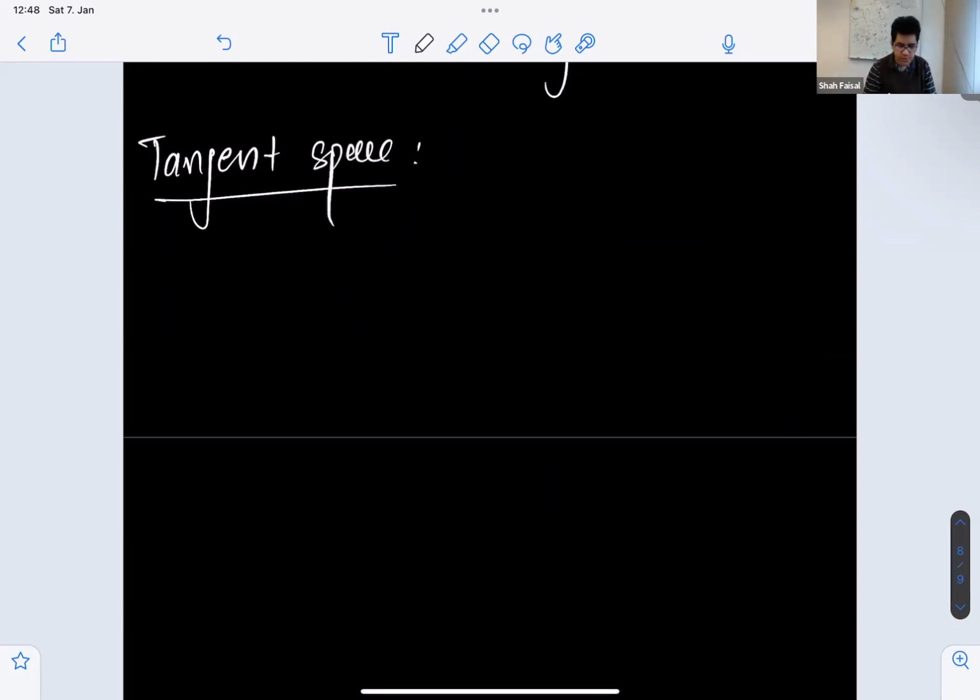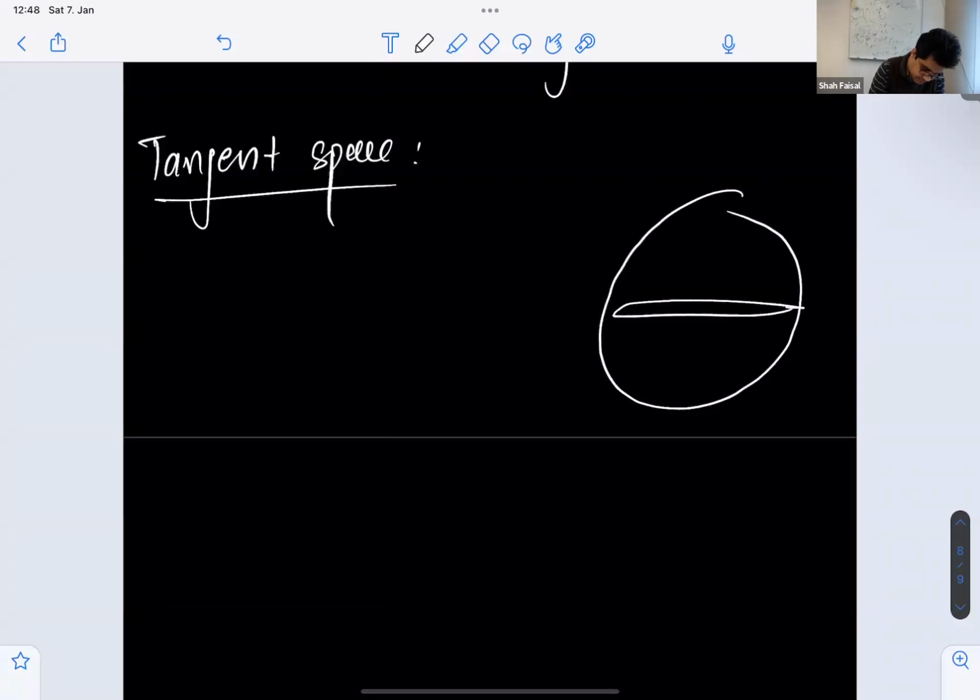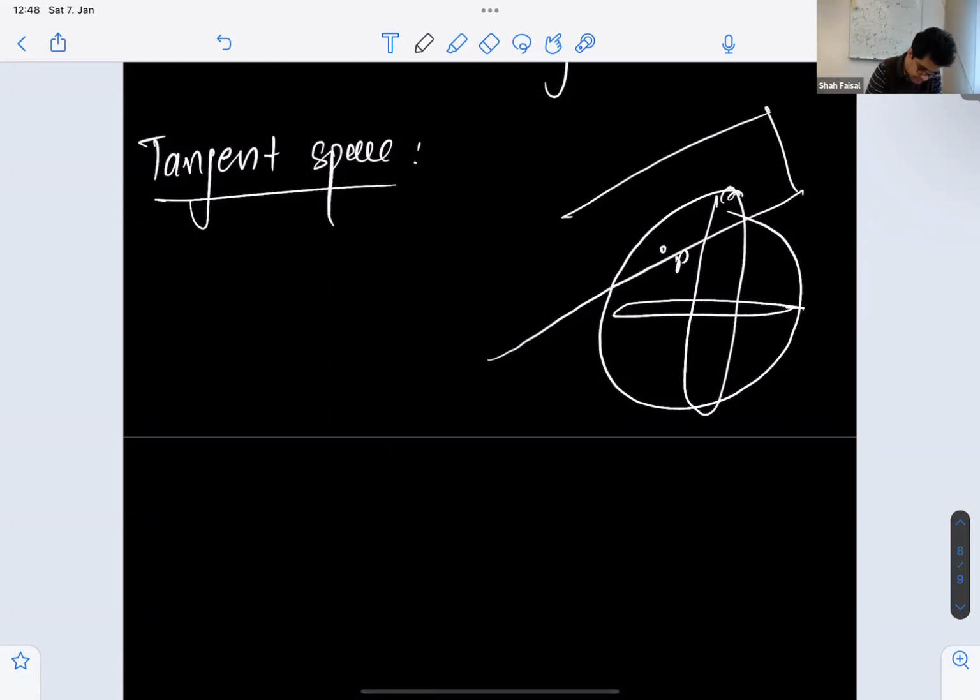So, tangent spaces. What is a tangent space? It is similar to a tangent line to a curve. Let's say I have this sphere and a point P here. Then you can look at the plane which is tangent to the sphere at the point P. It would be something like this.